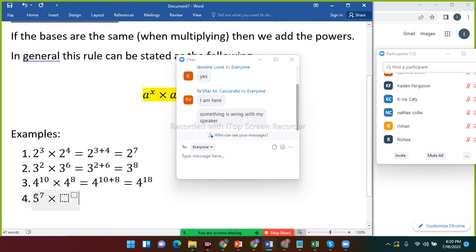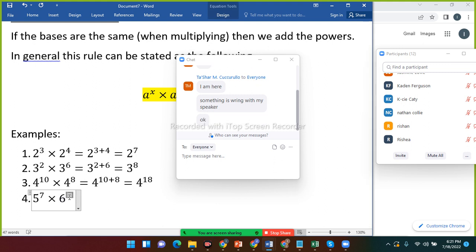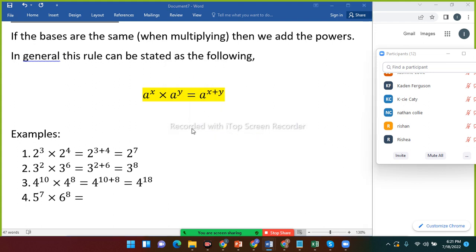I have 5 to the 7th power, and I have 6 to the 8th power. My question is, can I apply this rule? Miss C, what do you think?